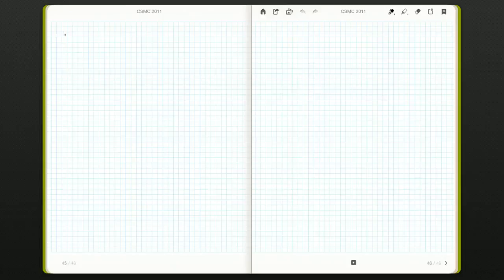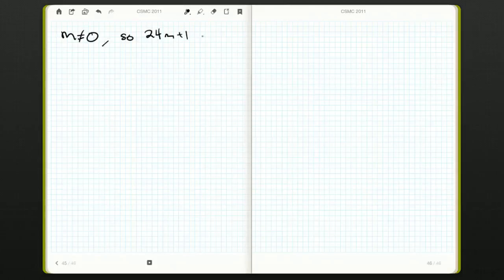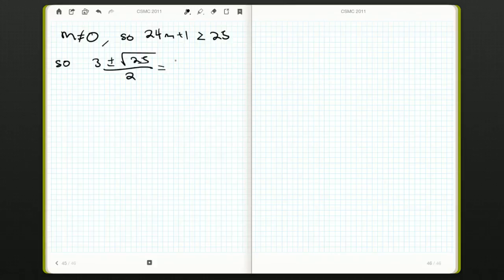So, one thing I can notice is m is not going to be equal to 0. So 24m plus 1 is going to be at least 25.